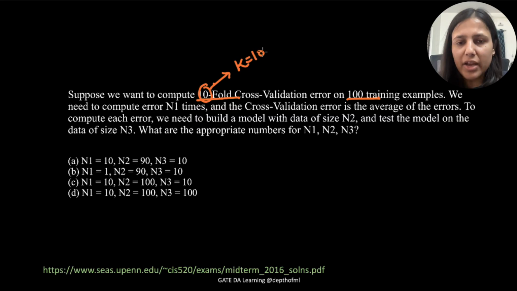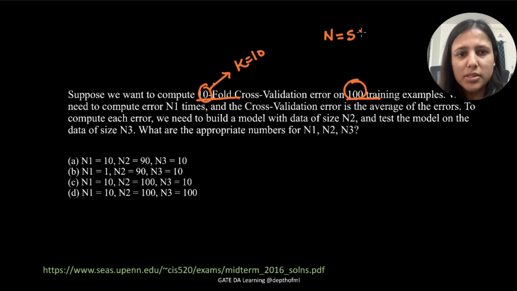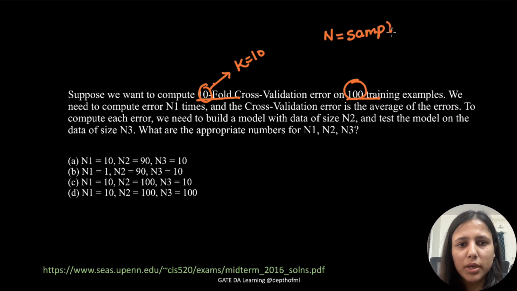So in K-fold cross-validation, here K is equal to 10. And when they say that they have 100 training examples, we usually use n to denote the number of training examples or samples, so n is equal to 100. Fine. Now they are saying that we need to compute the error K times, and the cross validation error is the average of the errors.